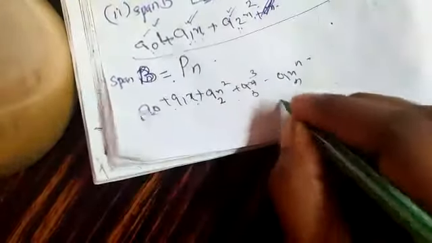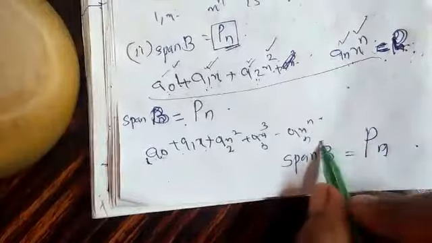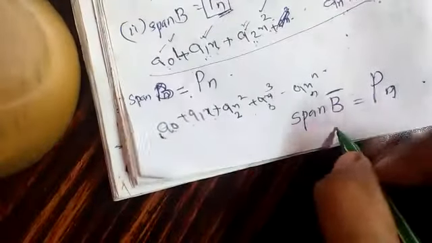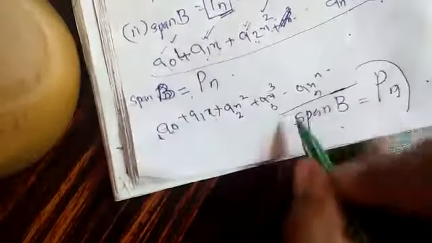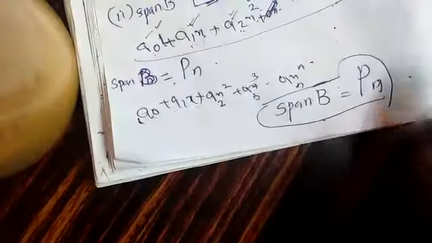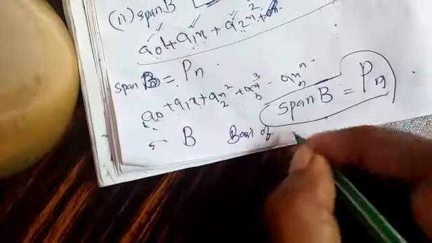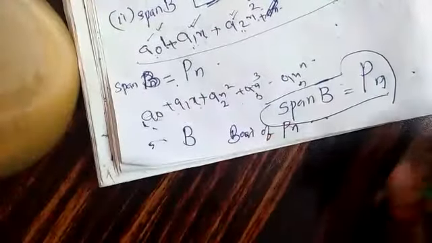Therefore, we can say span B equals Pn. So, B is linearly independent, first we got. Next, here we got span B equal to Pn. Therefore, B is a basis of Pn. Okay.